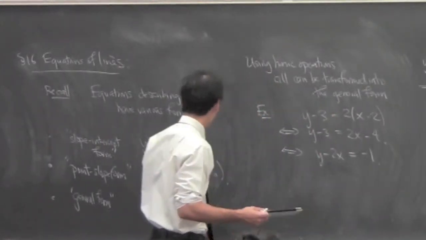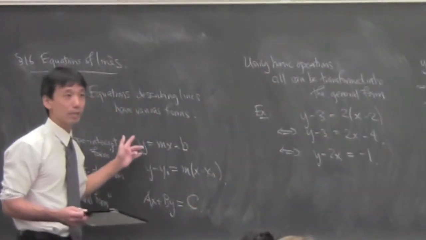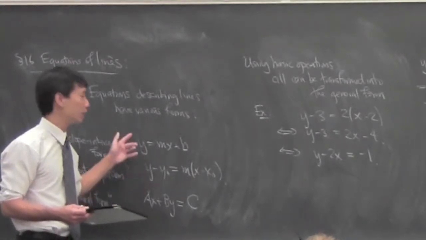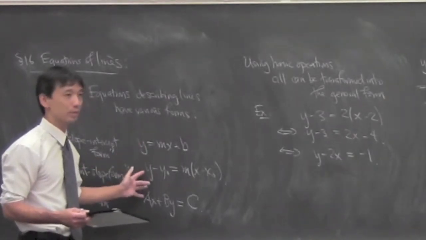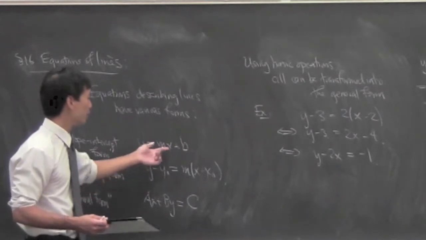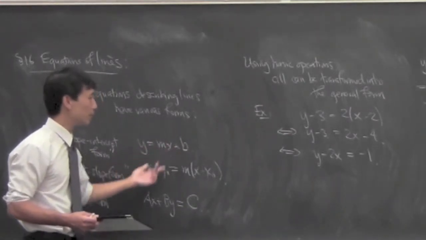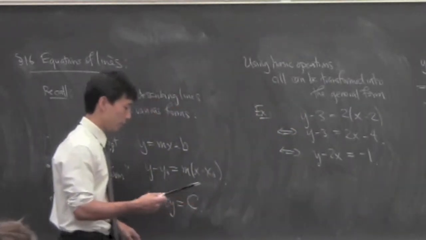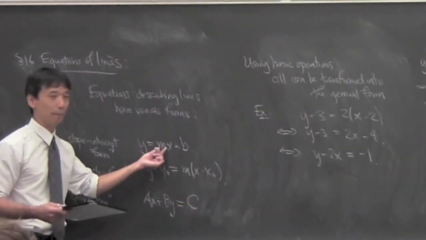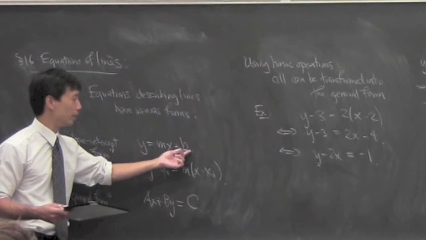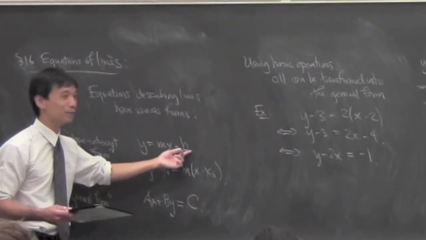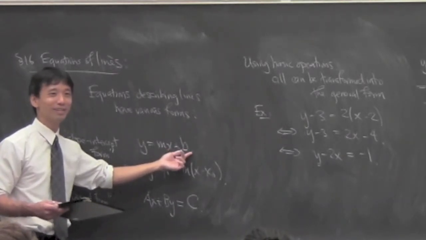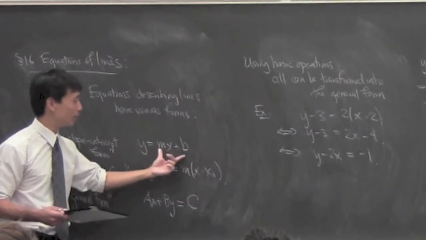The point is that each one emphasizes a different aspect of the line. If you say y equals mx plus b, then you know that the slope is m and the y-intercept is b.